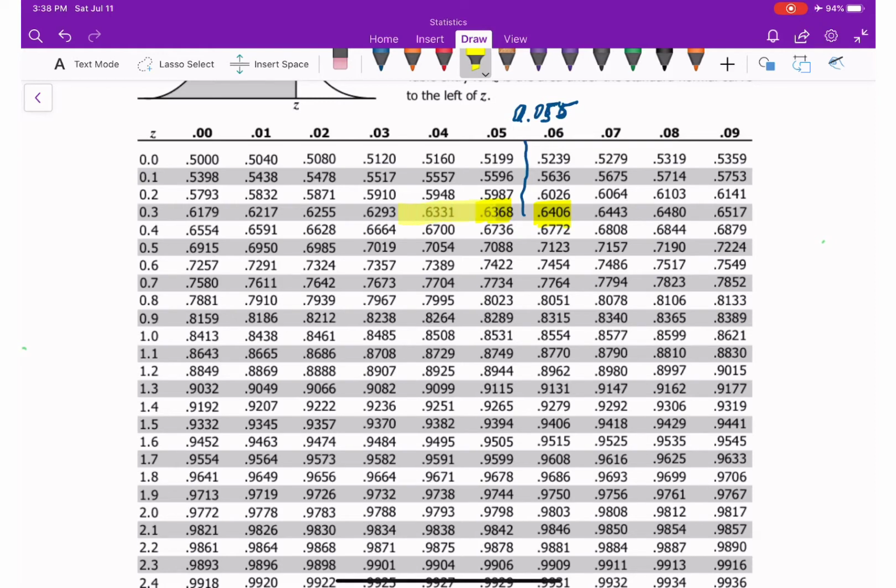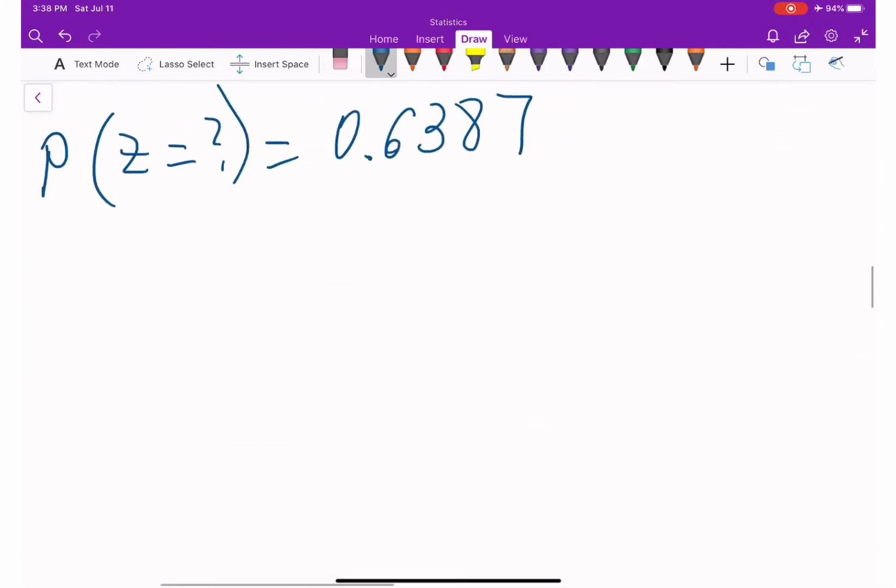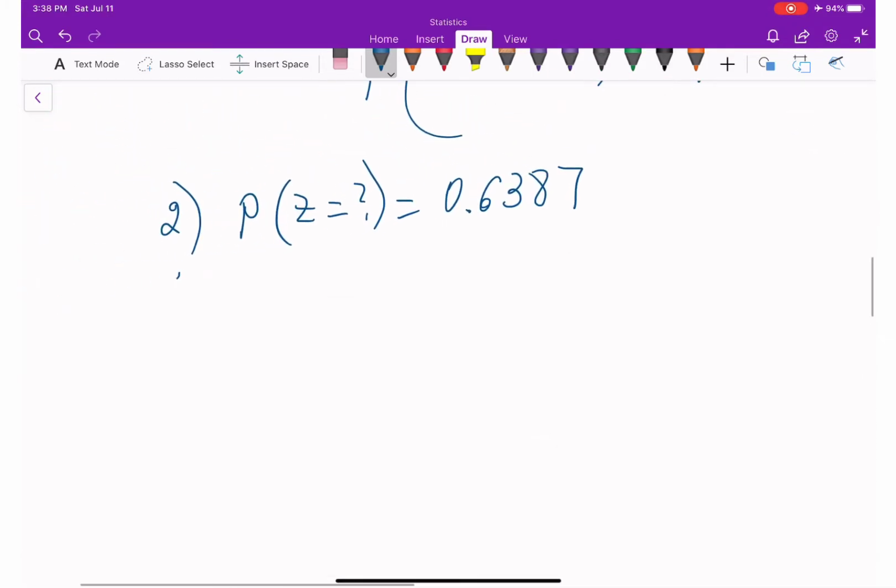And if I'm coming horizontally, it's going to be 0.355. Okay, let's go back. So this z-score is equal to 0.355. Okay, all right, moving to the next one.